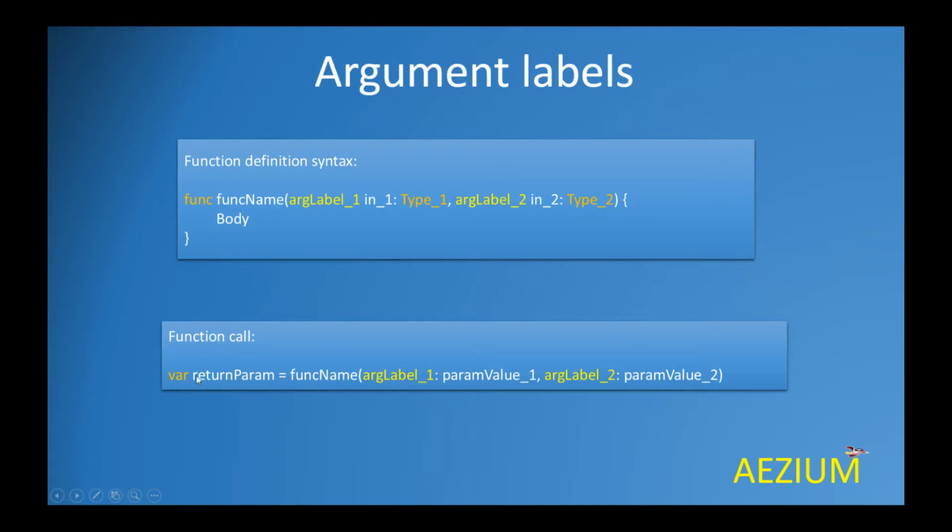So here we can see an example where this function is called, and then instead of using in1 and in2 as we would in the previous cases, we are using the argument labels, and then following that we have the colon and the parameter value.